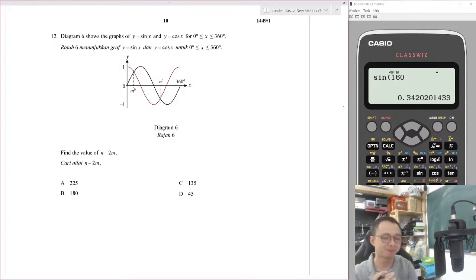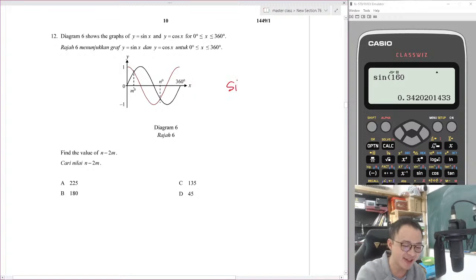Okay, cool. Then this one, you want to find the intersection point. Just remember, sine x and cos x always intersect at 45 degrees. So no need to think, I know it's 45 degrees.